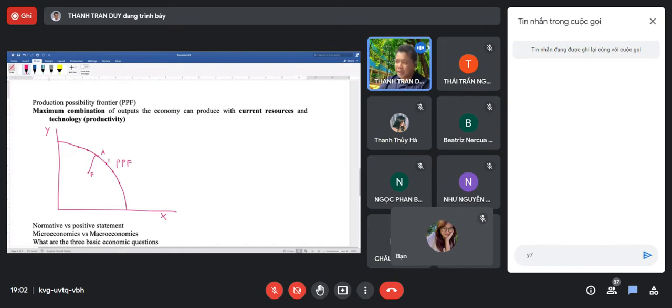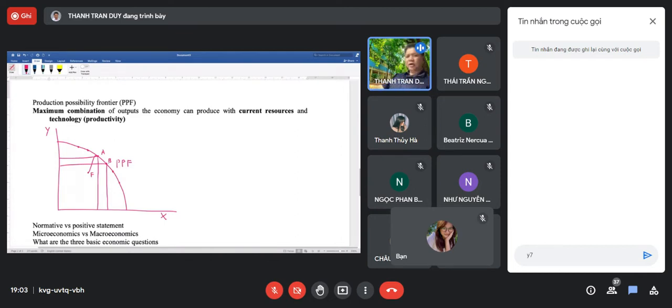However, if I want to move from A to B, I have more X, but I have to sacrifice Y. So when we are on the PPF curve, the opportunity cost to get additional X is that we have to sacrifice Y. So the economy is really efficient.